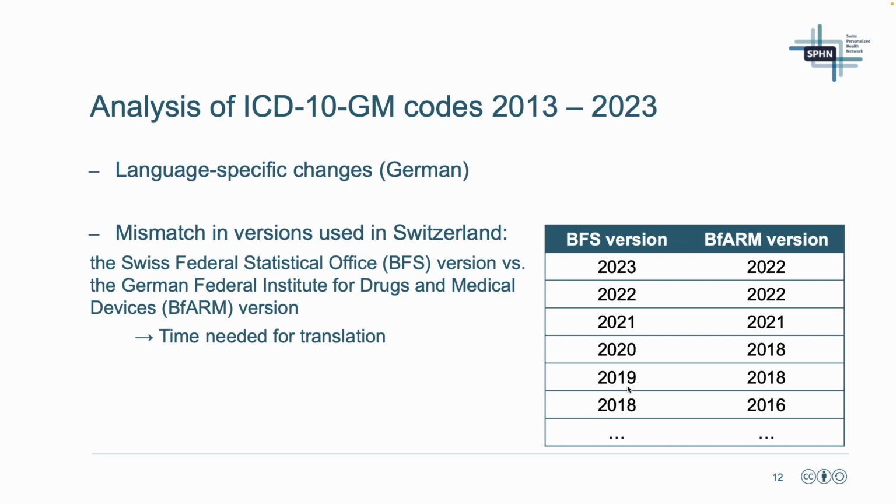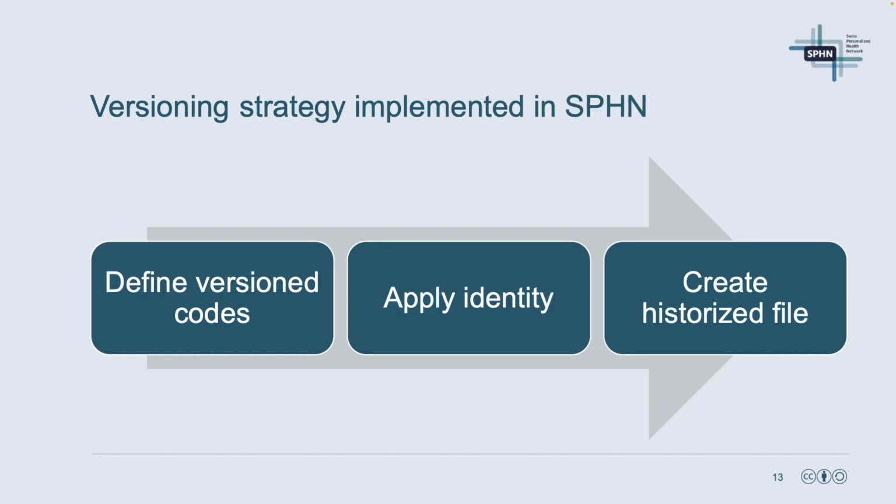Therefore, in 2018, the version released by the BFS actually contained the codes from the 2016 version of the BfArM ICD-10 GM. That's why in some consecutive versions of the Swiss ICD-10 GM, we did not observe any changes, because they were using the same codes as the year before.